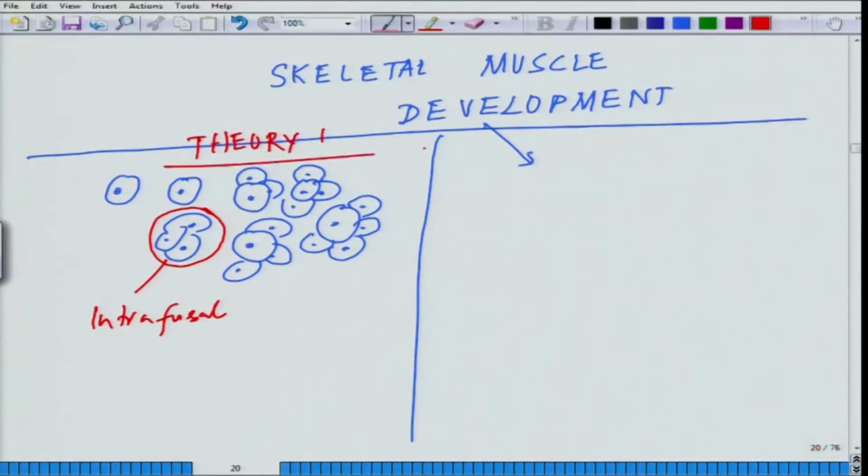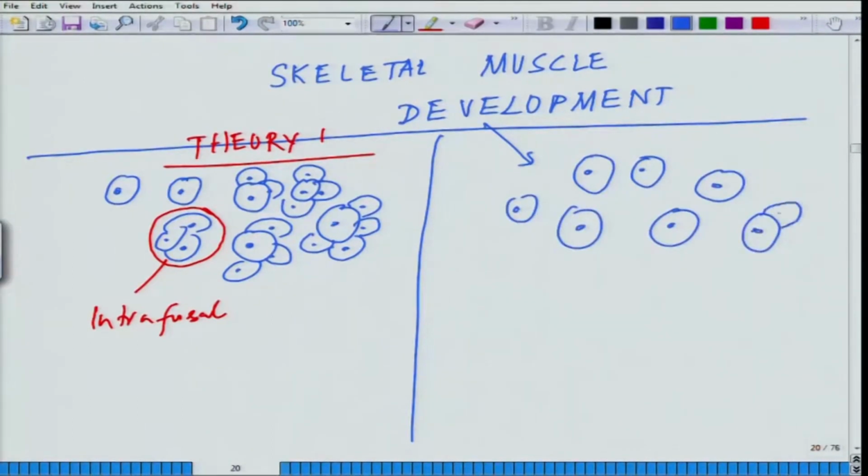Okay. There is another theory that says something slightly different. It says that initially none of the cells have any specific fate that they will become intrafusal or extrafusal. Then they start dividing.